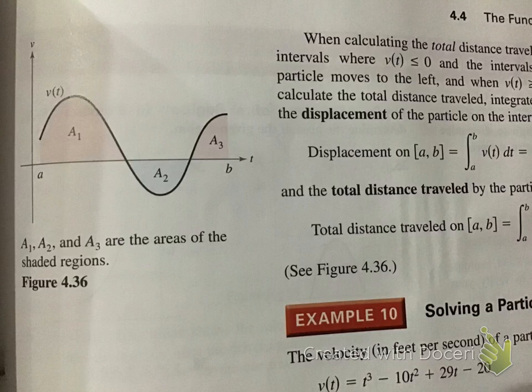So if you look at this little picture that they've given us, we've got to consider the intervals where the velocity is less than 0. So that would be these areas where we're negative, and where we're greater than 0, where we're positive.